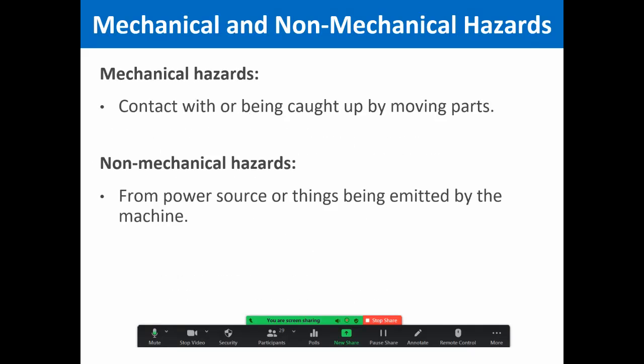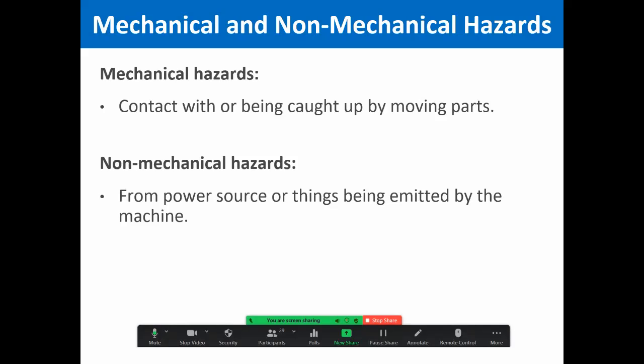Now machinery hazards. Machinery hazards are basically categorized into two different categories. There are mechanical hazards related to machinery, and then there are non-mechanical hazards related to the machinery. Mechanical hazards are those hazards which arise when you come in contact with or are caught up by moving parts of machinery.